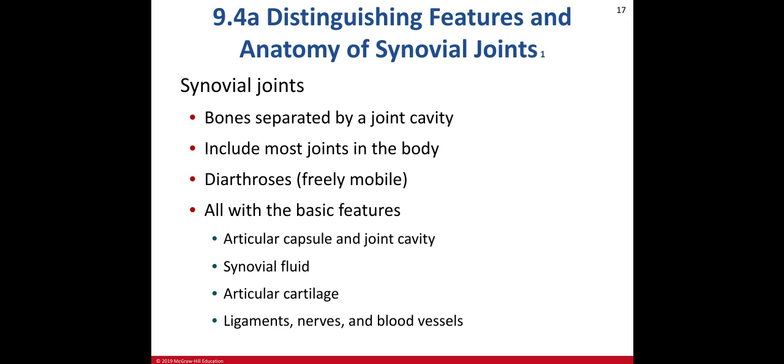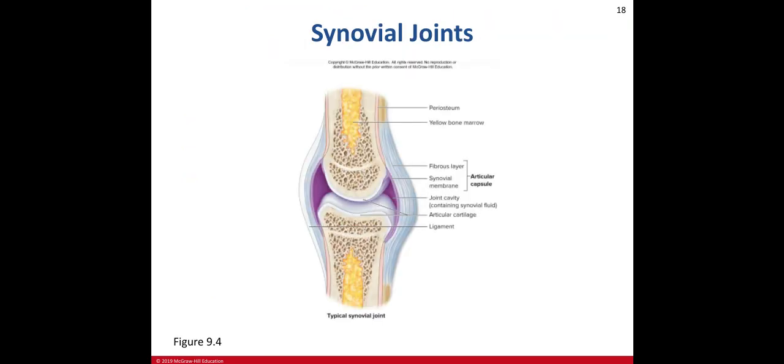And they all contain some pretty basic features. You've got an articular capsule and a joint cavity. You've got synovial fluid. You have articular cartilage. And you've got ligaments, nerves, and blood vessels. So we're going to break this down even more in depth going through the next few slides.